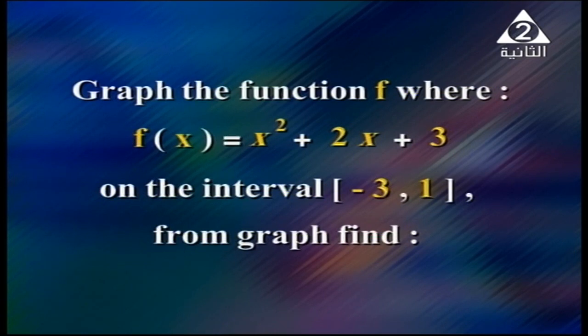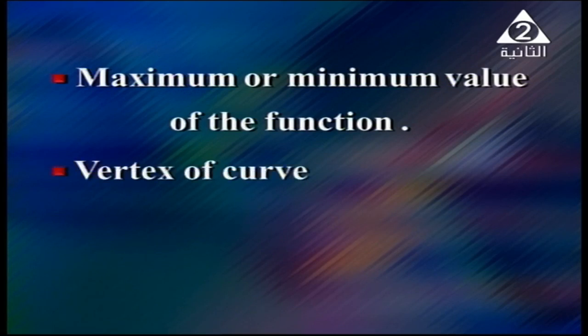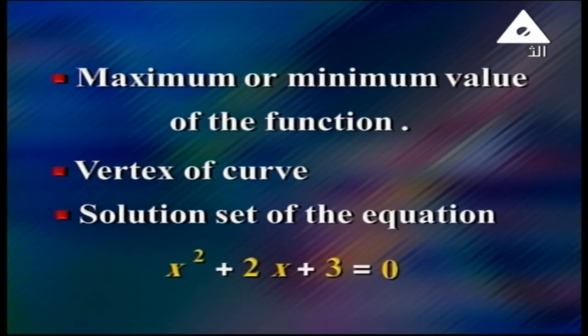And from the graph, try to find the maximum or minimum value of the function, and find also the vertex of the curve, and at last find the solution set of the equation x squared plus 2x plus 3 equals 0. At the very beginning, you know from the previous term that you have to find a table using your calculators so as to draw the function.